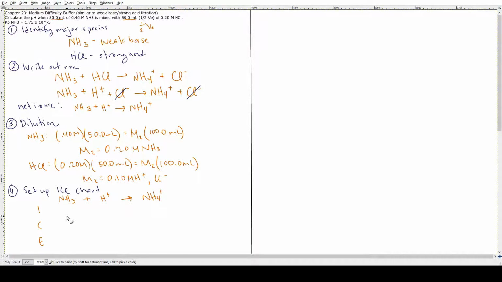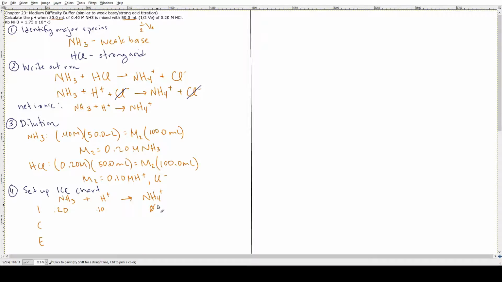Okay, so I know I started with 0.20 molarity ammonia as well as 0.10 molarity hydrogen, and I don't have any ammonium. I haven't treated this with a salt to make the buffer stronger, so there's that.